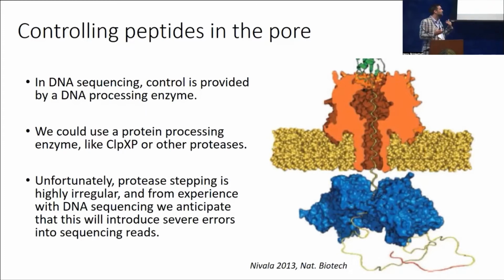But there are some limitations in the experiment, namely that this enzyme, unlike a DNA motor, which steps one nucleotide at a time, reaches out and grabs whatever the next bite of peptide chain it can grab, and then it reaches out again.